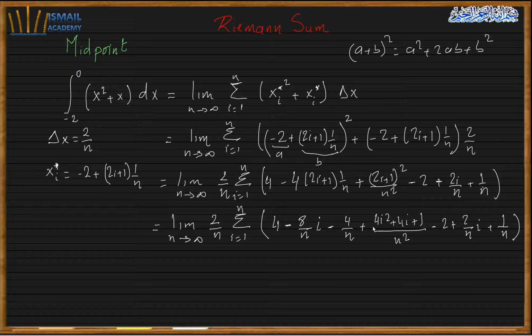Okay, so now what I do, I come back to see if there's something I can combine. So n to infinity, 2 over n sum. Don't distribute the sum here until you make sure that everything is simple, so there's nothing repeated. So I have 4 minus 2 is 2, so this is gone. Then I have minus 8 over n i, and minus 2, so it's going to be minus 6 over n i.